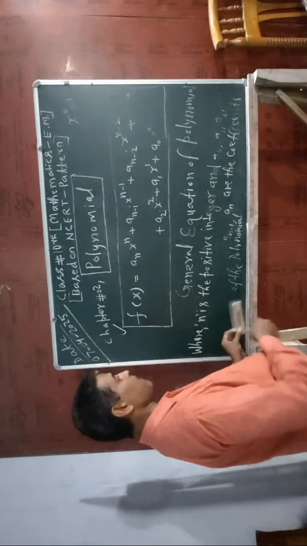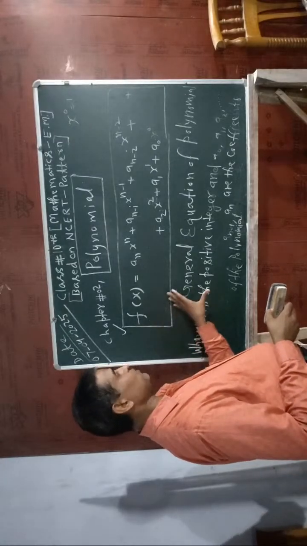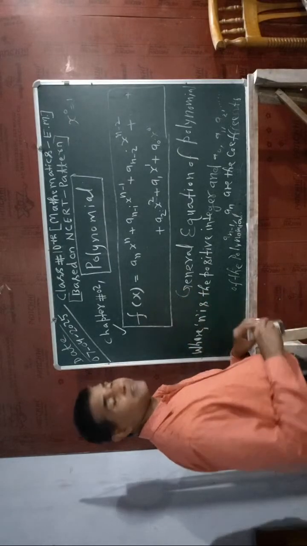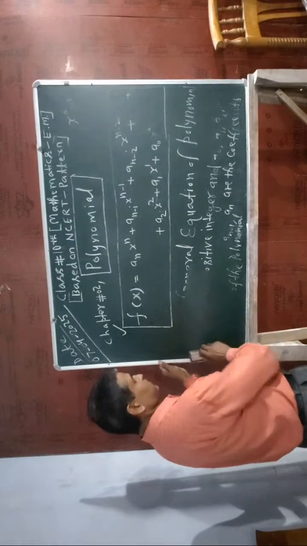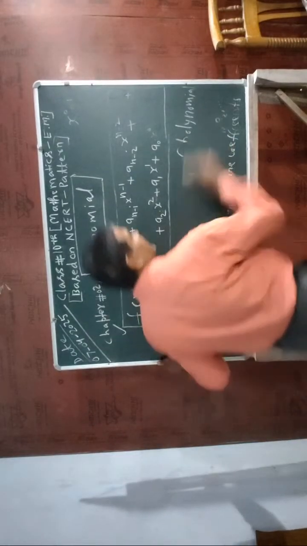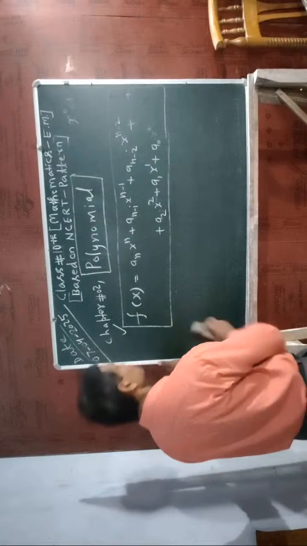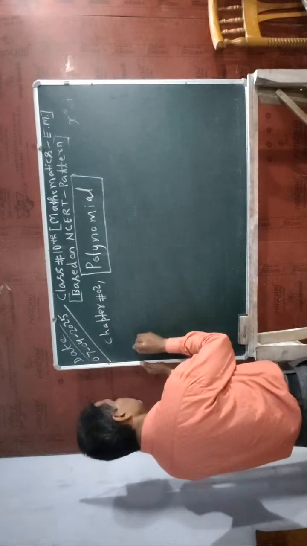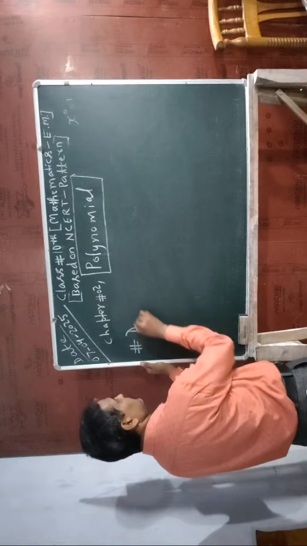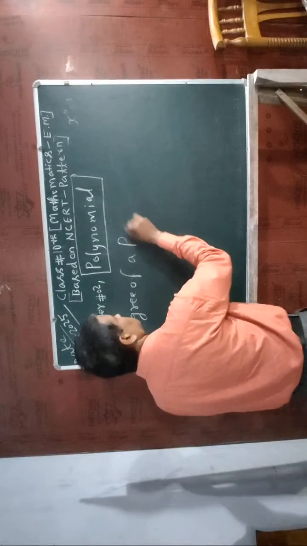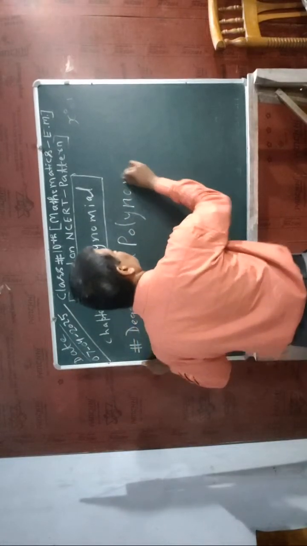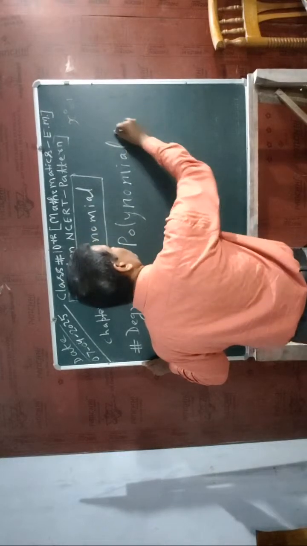Okay students, if you have any doubt, comment and I will reply to your comment. I am going to erase this, and after erasing I will explain the degree of the polynomial. The next topic is the degree of the polynomial. So students must write: degree of a polynomial.